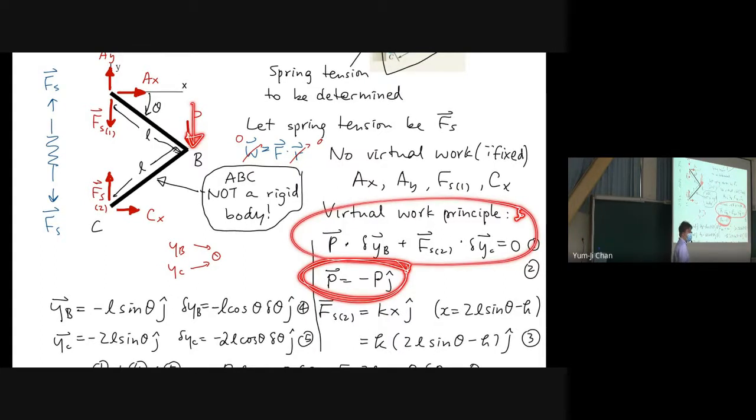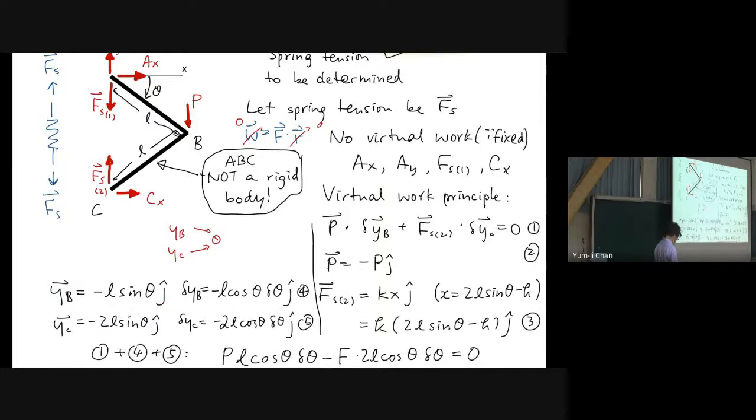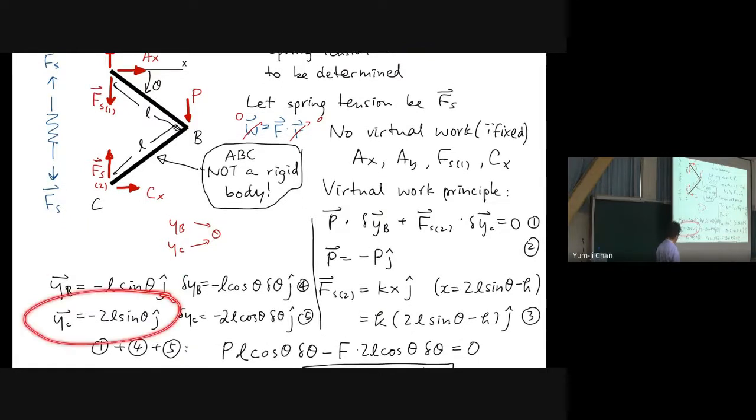Now, determine angle theta in this way, and we have yB equal to minus L sine theta j, and yC is minus 2L sine theta j. By doing the virtual displacement, we have these two.